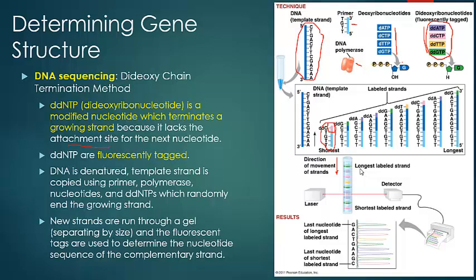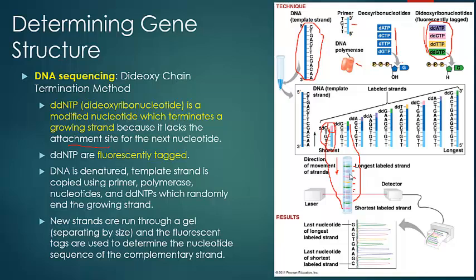When gel electrophoresis ends, you're going to have a series of fragments, and each fragment is going to have a color associated with it. You can see that the smallest fragment right here is going to end with C, the cytosine, and here you could see the pink fragment right here. The next one is going to end with guanine, which is green, and here you see guanine right there.